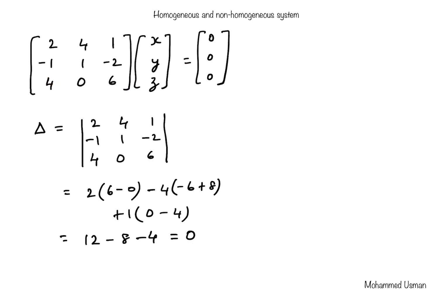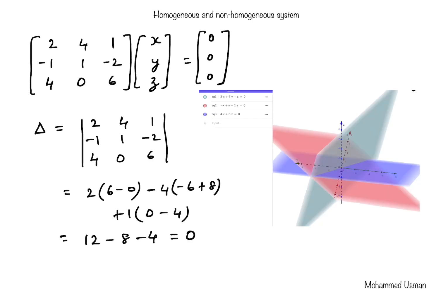Okay? And to understand that, let me show you the plots of these equations once again and illustrate that this system of equations indeed has infinite possible solutions. If you look at these equations and their plots, we see that the three planes, the green plane, the red plane, and the violet plane, all intersect at this line.